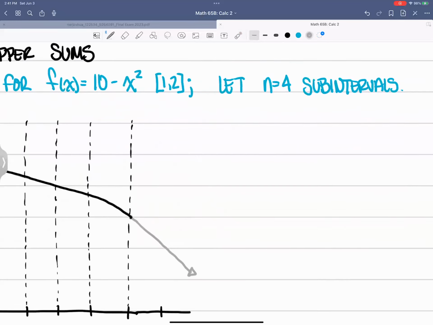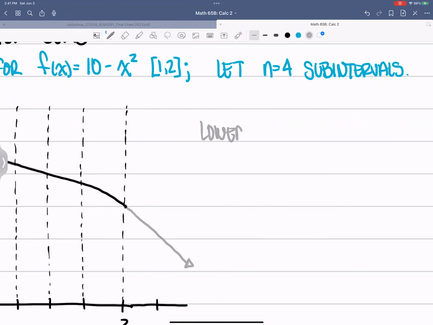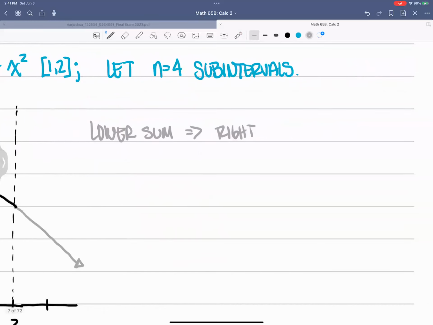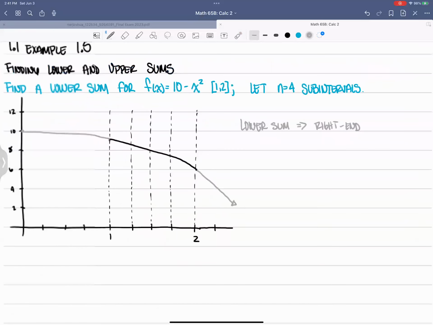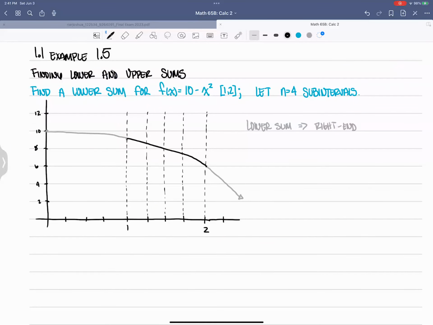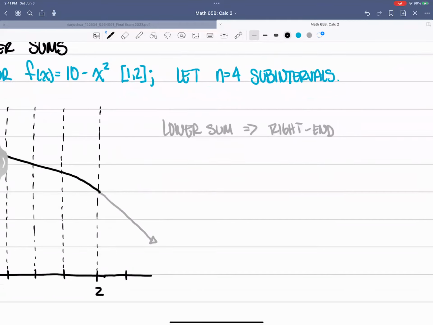So let's make note of that. Lower sum, that's going to be our right endpoint in this case. I'm just going to abbreviate. So let's grab that formula for the right endpoint approximation.